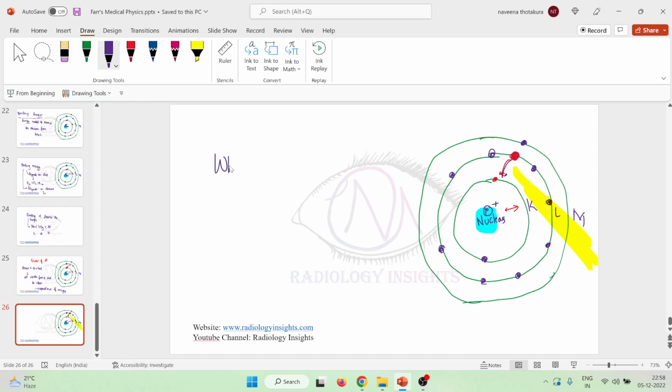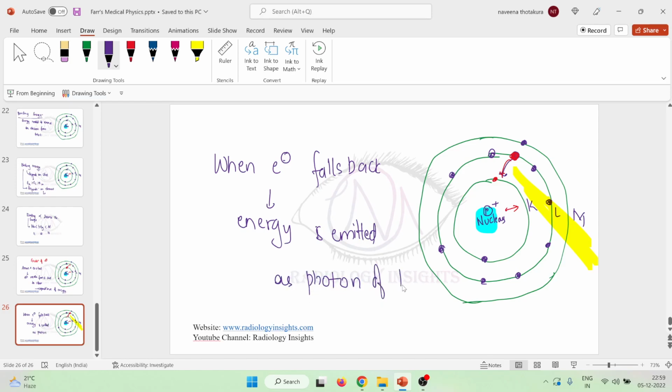So when the electron falls back, some energy is emitted as a photon of light. Either this light can be visible light or it can be ultraviolet light. This is one type of electromagnetic radiation. So these are important points about the atom. Thank you.